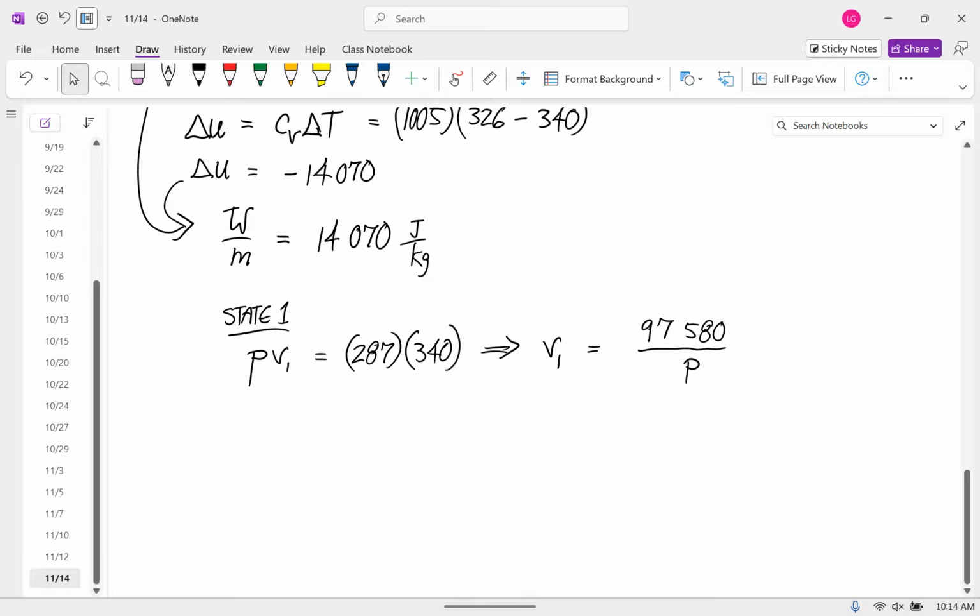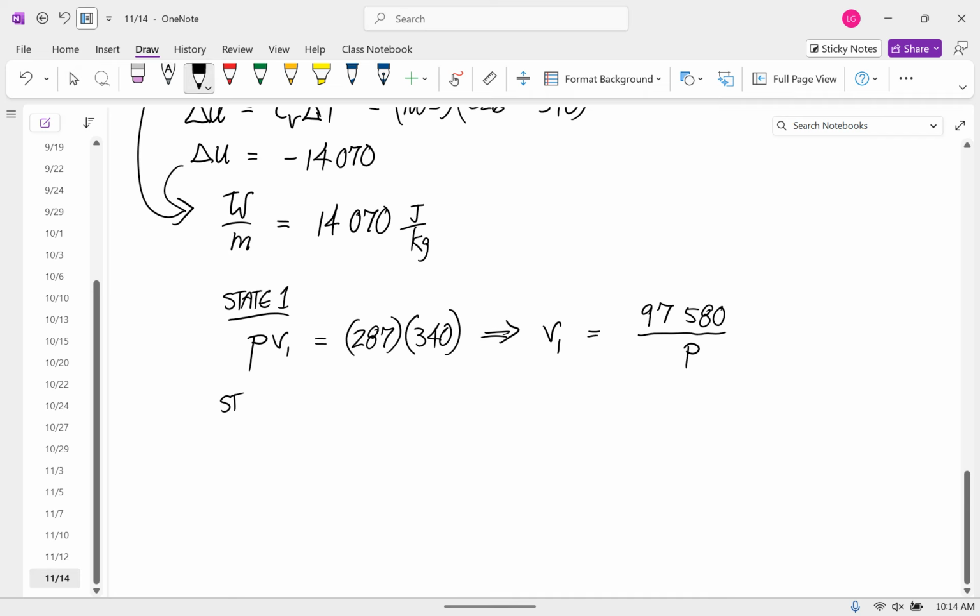It's a positive number. And then at state two, we have that 0.9 P times V2 is equal to 287 times 326.